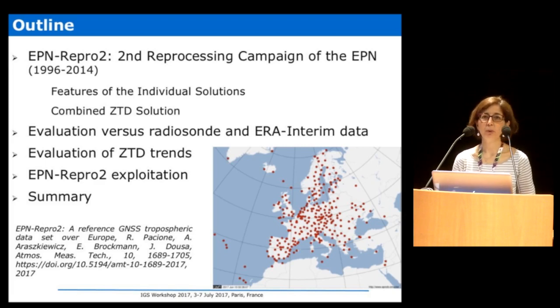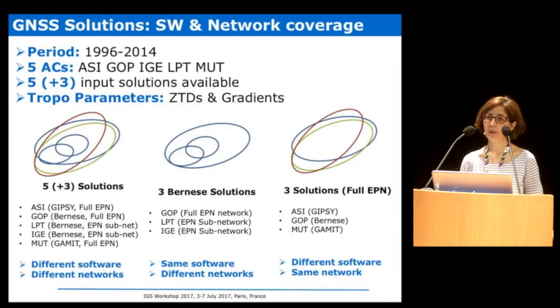EPN-Repro2 is the second EPN reprocessing campaign organized in the European framework, which covers this period, and the aim is to deliver homogeneously reprocessed site coordinates, velocities, and tropospheric parameters. In this presentation, we focus only on the tropospheric part.